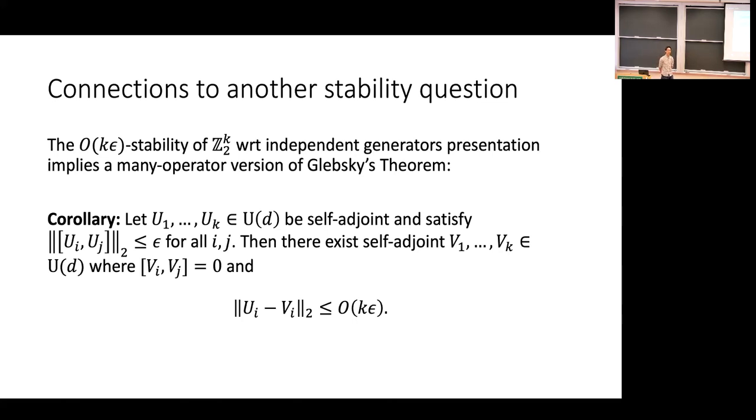Yeah, that's a good point. Technically, based on what I had just said, these V1 up to VK would possibly have to live in a bigger dimension, and then you're saying that you're close up to applying an isometry. But I think it should also hold in the same dimension.